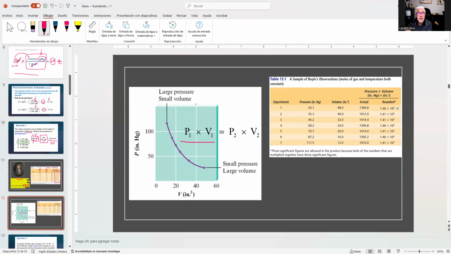Then, if I give you the original pressure of the gas and the volume, and I say that, for example, the gas volume is lower, then we can calculate this pressure. And as you can see, when the volume decreases, the pressure increases because they are inversely related.